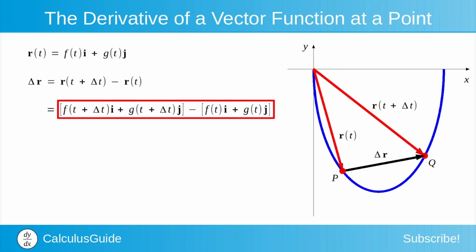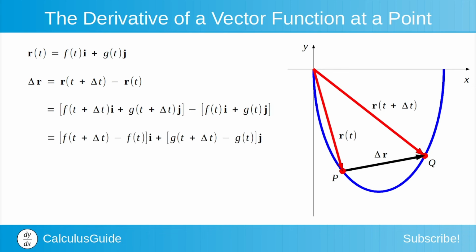This expression, now highlighted, is equal to [f of t plus delta t minus f of t] i plus [g of t plus delta t minus g of t] j.